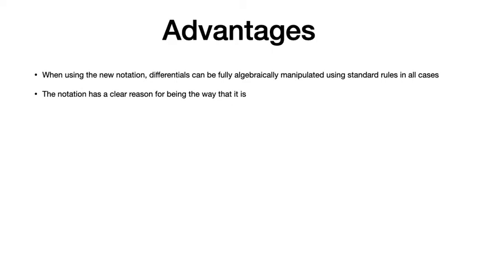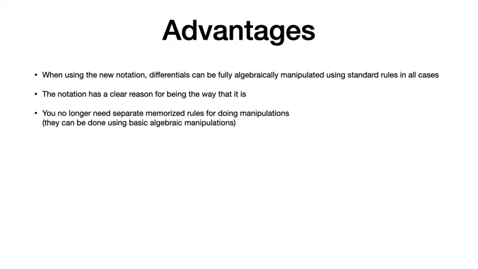All right. So now we also got rid of separate memorized rules for doing manipulations. You don't need the chain rule for the second derivative because you could just manipulate it algebraically to get what you want. I mean, you can use the chain rule. If you have that rule memorized, that will help you remember which operations you should do. But you don't actually need the rule because you can literally just manipulate it algebraically.